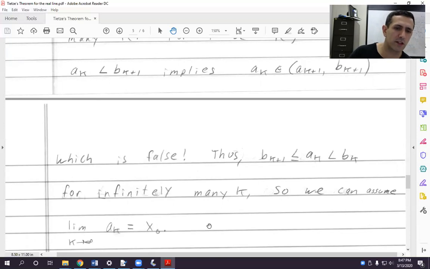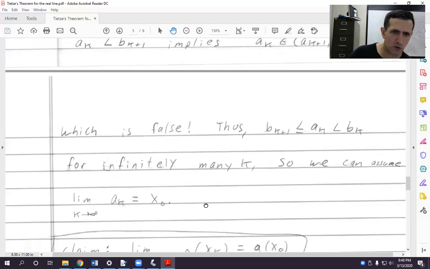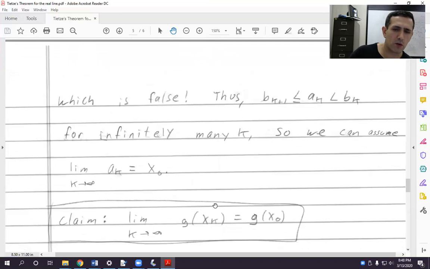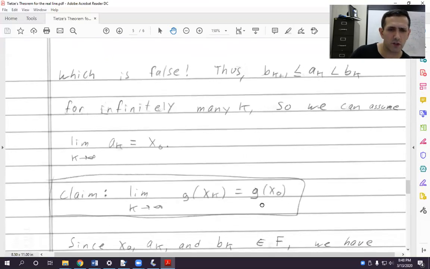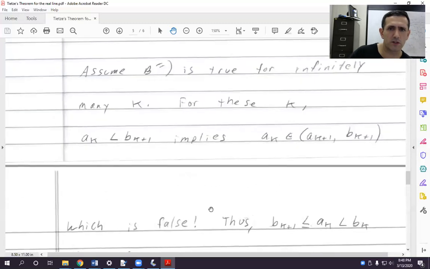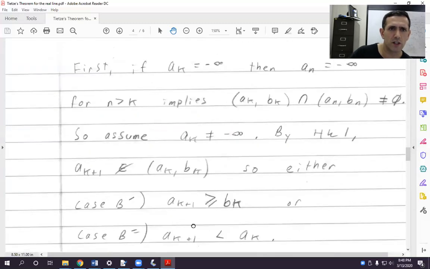So in either case, we can find a subsequence of the aks converging to x0. All right, so we're almost finally done. So the next thing I claim is that, in fact, g of xk converges to g of x0. Okay, why is this true? And of course, this right here is going to be a contradiction.